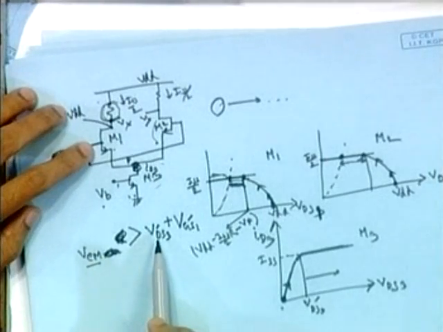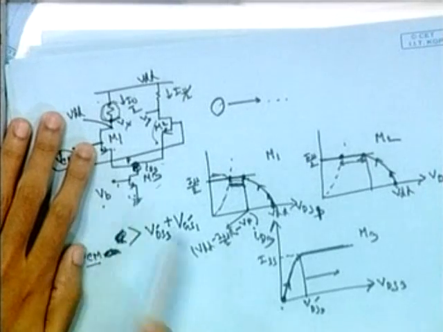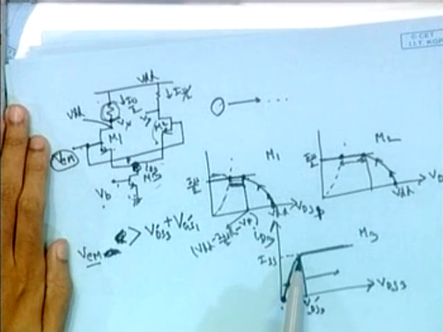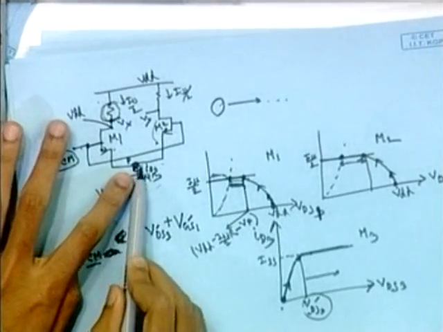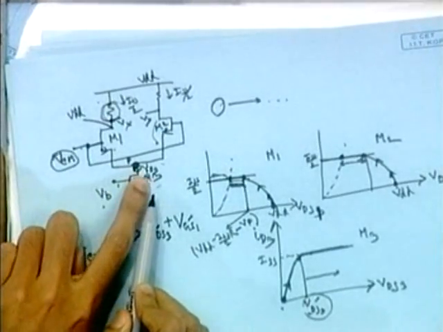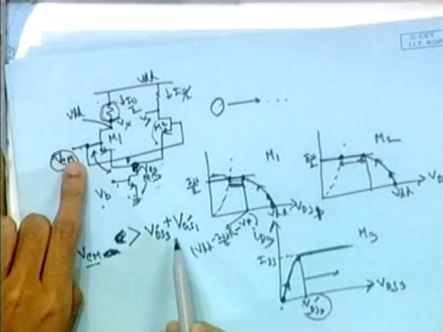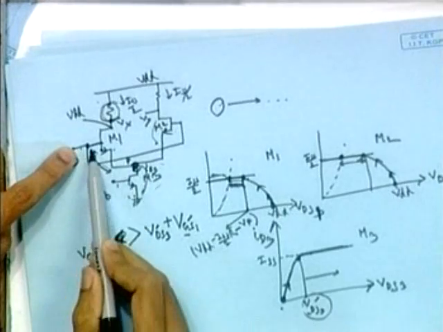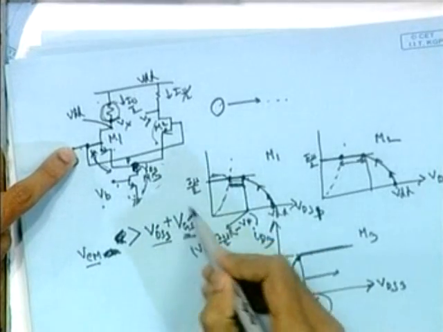The minimum input voltage we can apply here is this voltage. Suppose we are increasing the voltage and M3 just enters the saturation zone. So this VDS3 prime will be developed here. So this voltage is VDS3, and for that particular voltage, suppose this is VGS1 prime. So the minimum voltage is this voltage plus that voltage.